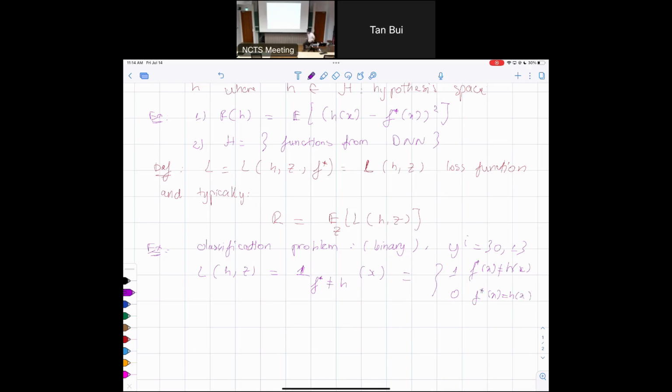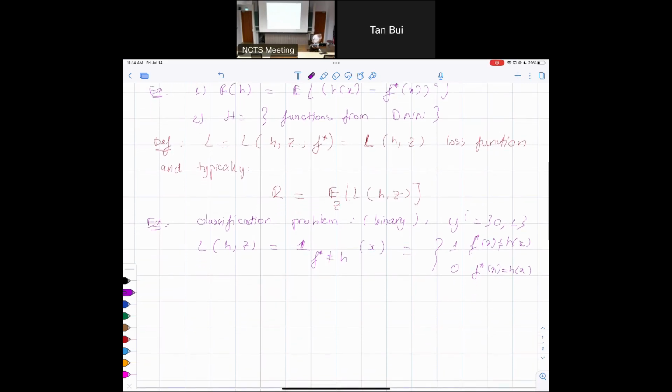Sorry, it's actually very intuitive. This is a very popular loss function for classification. The loss is equal to 1, which means you incur a loss if you are not doing correctly. If you classify things correctly, they must be the same, so there's no loss. If they are different, then you incur a loss of $1. Think about it that way. That's the definition of the loss function.